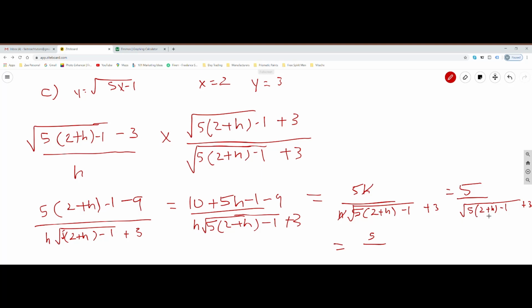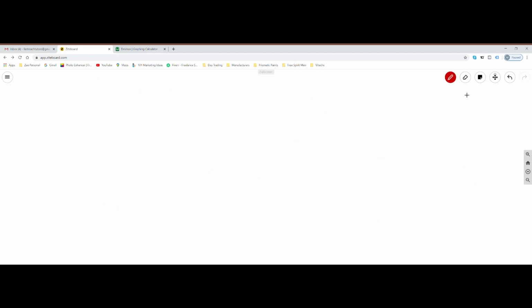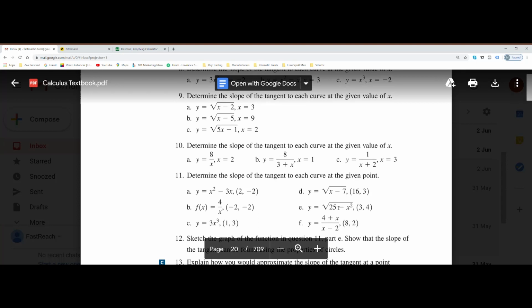So 5 times 2 is 10. 10 minus 1 is 9. Square root of 9 is 3. So it's 5 over 6. So now let's look at 10.